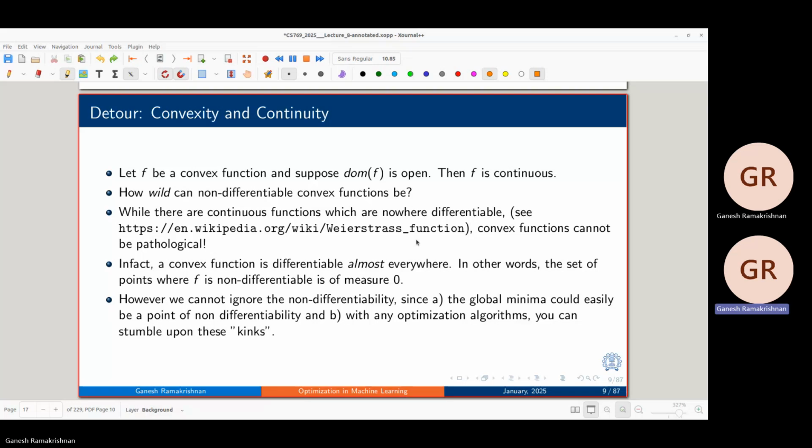The set of points where f is not differentiable has measure 0. But that doesn't mean we ignore non-differentiability. But the point is, we have a solvable, manageable problem at hand. We won't have weird cases like the Weierstrass function. The global minima could easily be a point of non-differentiability, so we need to consider that. You can also stumble upon kinks, right, where there is non-differentiability in the middle. So we should talk about subgradients. But the problem is not as pronounced as it can be otherwise.